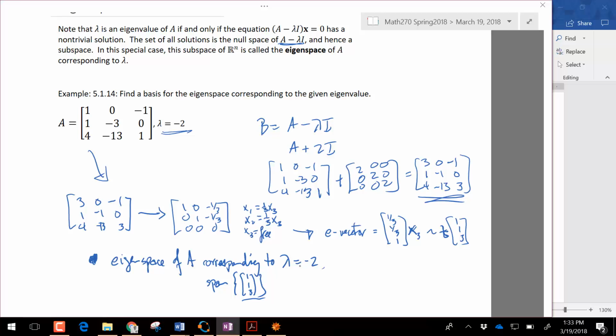Well, no, it's a one-dimensional subspace of R3. So this is in R3 because we're looking at a 3 by 3 matrix. And so your eigenspace in this case for lambda equal to -2 is going to be a line spanned by this vector in 3 dimensions.